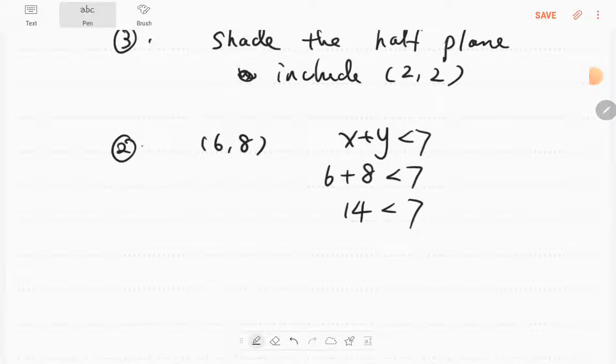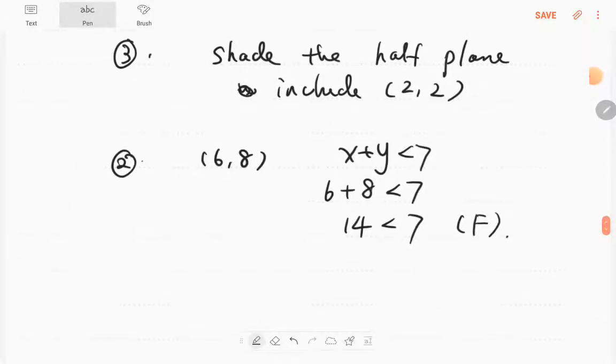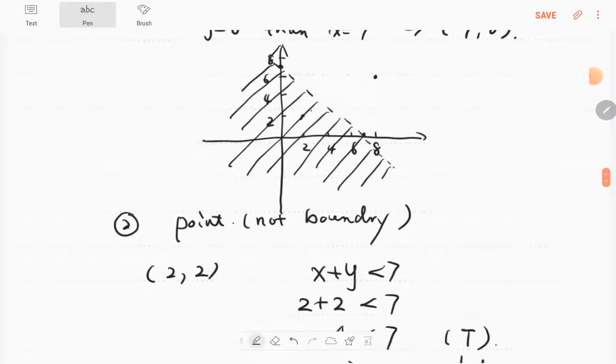Let's check the inequality. 14 is less than 7, which means it's false, right? Then we go back to step 3. The boundary sets the whole plane into 2 halves. And if this one is false, we should shade the part without this point. So it remains the same part. We will get the same graph.